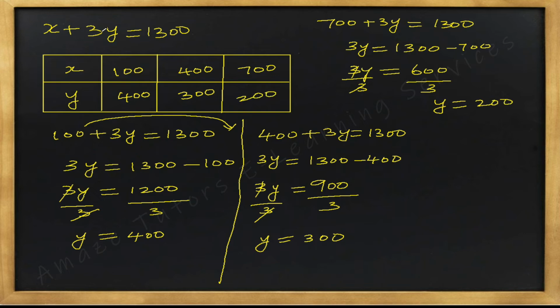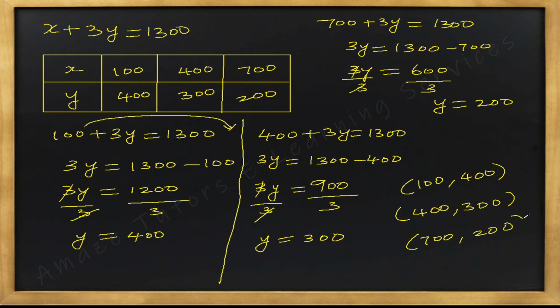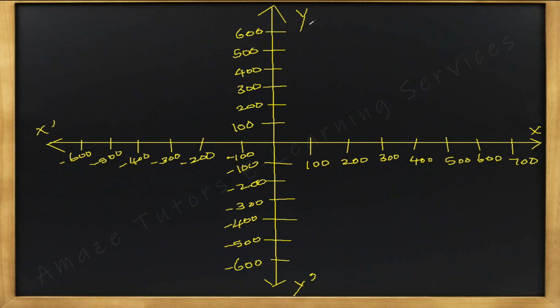So what are the three coordinates for this particular equation? Let me write it here. 100, 400; 400, 300; and 700, 200. We are going to graph both the equations. Let me show them in the xy plane, the Cartesian plane.